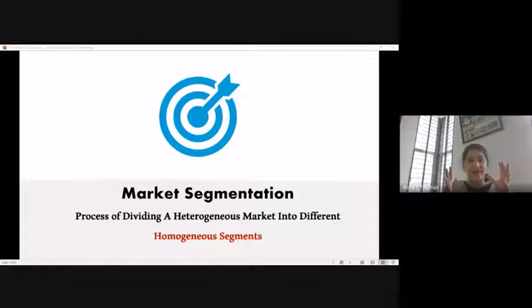So the entire heterogeneous market is divided into different small groups of homogeneous nature. That's what we call market segmentation. Now, what is the basic idea behind this segmentation? We want to know which is our target market.